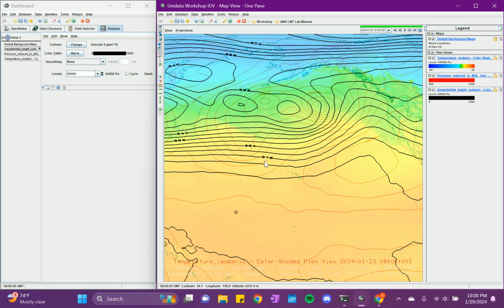What that means is that warm air from the south is getting advected up to the north, and when we look at the upwind side of the trough, again, we are seeing westerly winds in the mid-troposphere, but at the surface, we are seeing northwesterly winds, so winds coming from the northwest. This counterclockwise turning of the winds with height is what we call backing winds, and that indicates cold air advection.